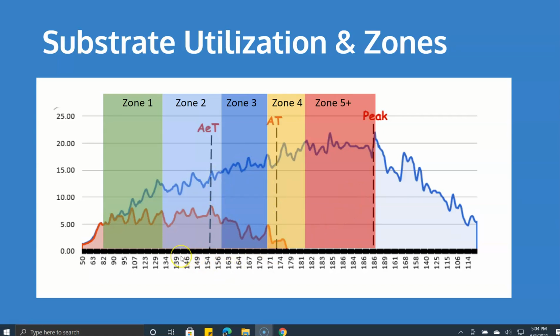Now obviously sometimes you go out and work out and you're working within all of these zones, and that may be an appropriate workout. So there's no suggestion that you have to do one at a time. But sometimes you're going to try in your training plans and your focuses to emphasize certain adaptations. So you may be doing intervals that are really close to this anaerobic threshold, or you may be doing really high intensity intervals that are well above it.